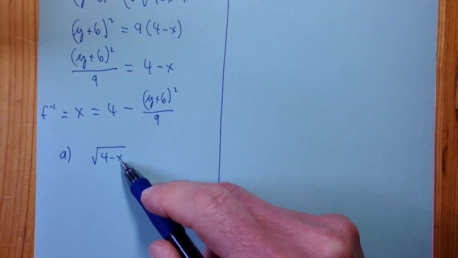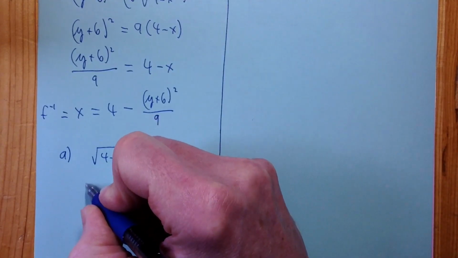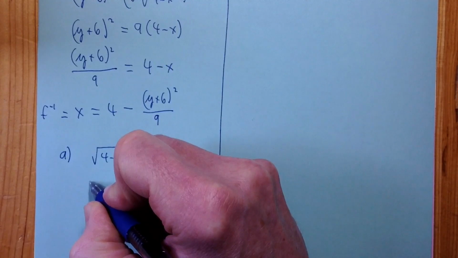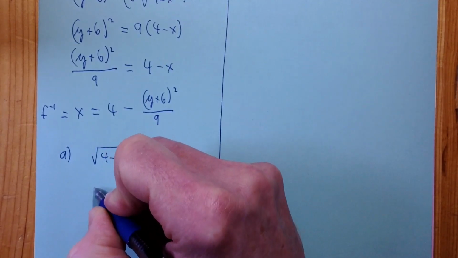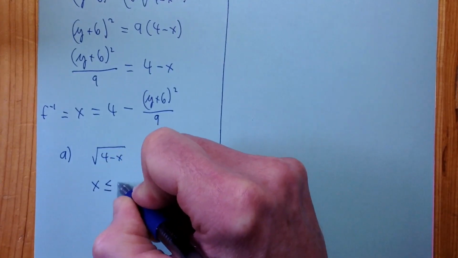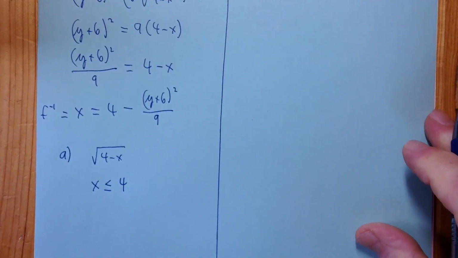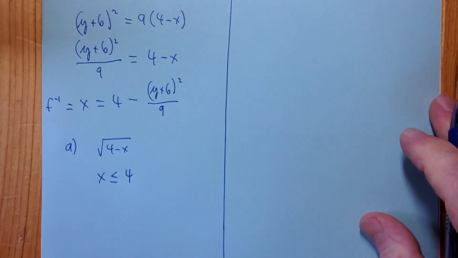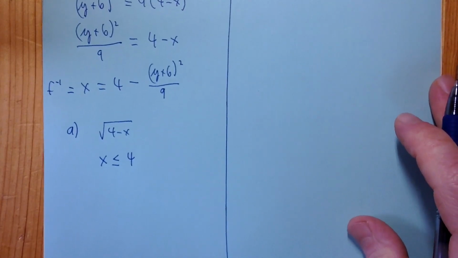It can be 4, that's square root of 0, but if x is 5, it's square root of a negative number. So x has to be less than 4. So the domain for A is x has to be less than or equal to 4, which includes negative numbers. It can be all the negative numbers. So that's pretty much the domain there.